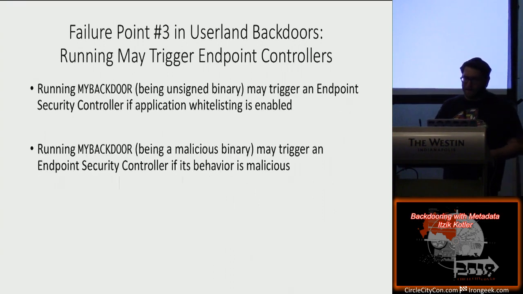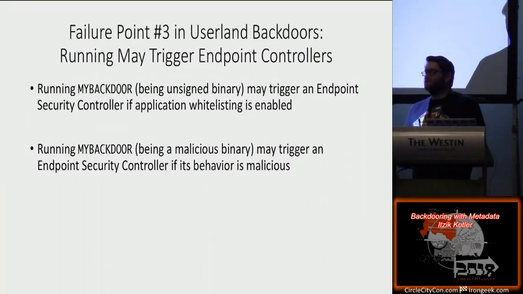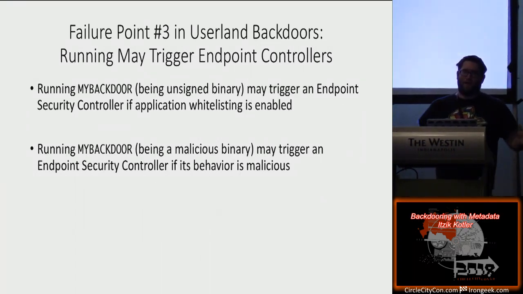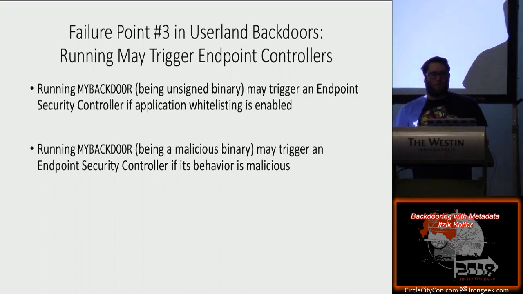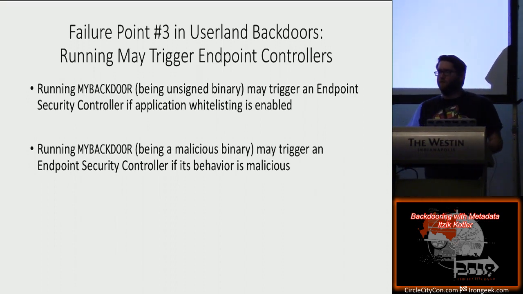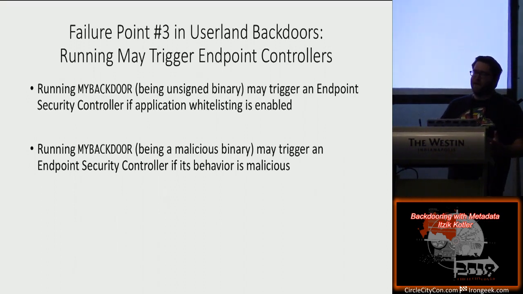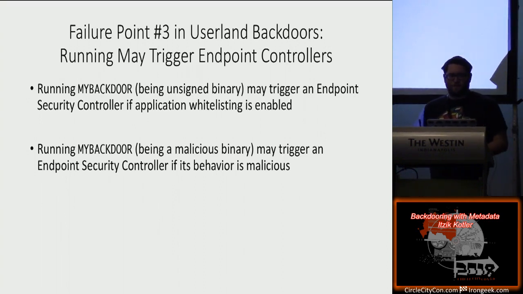And last but not least, actually running that sample, that backdoor malware, on that machine, we also face another type of security controls that can create an alert. Of course, the binary that will be used most of the time will not be signed. And with the application whitelisting approach, that can be a challenge.